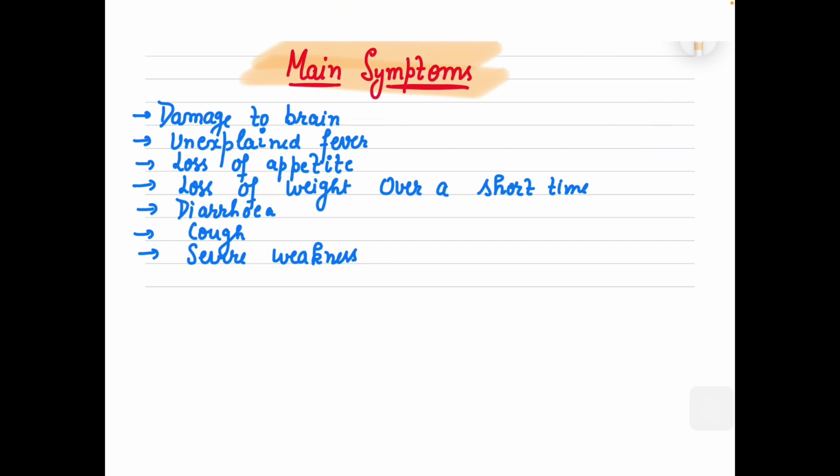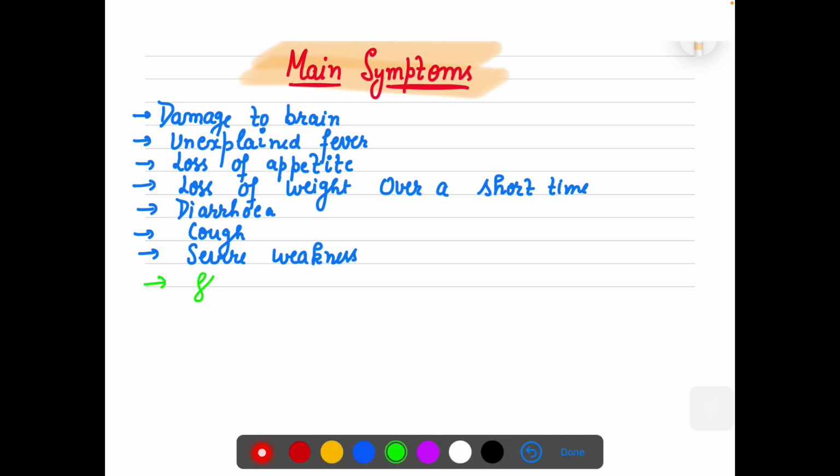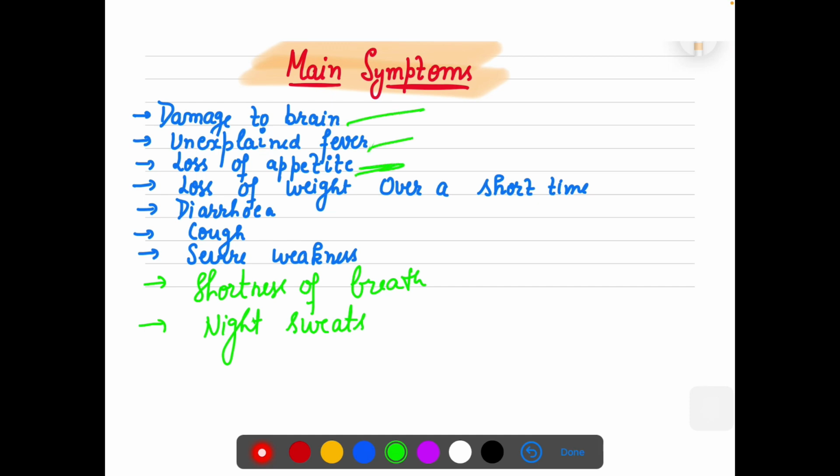Then shortness of breath, right, and night sweats. These are some common symptoms of AIDS, right? Damage to brain, unexplained fever, loss of appetite, loss of weight, severe diarrhea, cough. So these are the symptoms of AIDS.